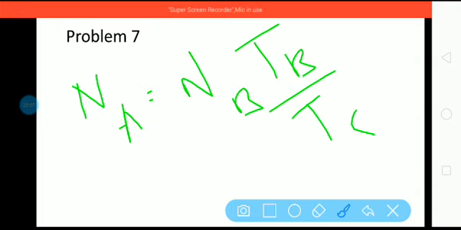So NB is TC by TB. So when you substitute NB as TC by TB, with TA here, TB will get cancelled and you will get it as TC by TA. That's all.